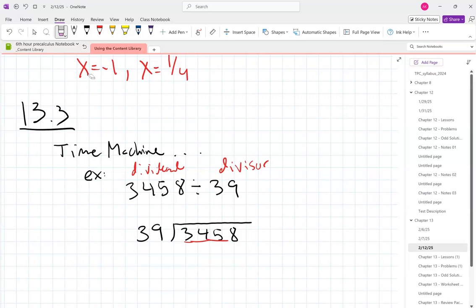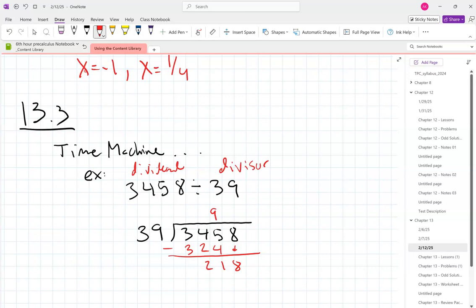Let's look. 270 plus 54 is like 325 or 324. That looks right. And then we'd subtract down. And we ask ourselves, okay, how many times does 39 go into 218?